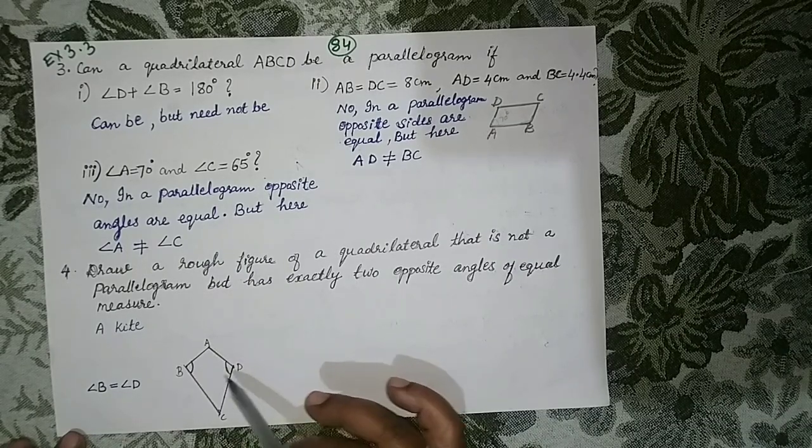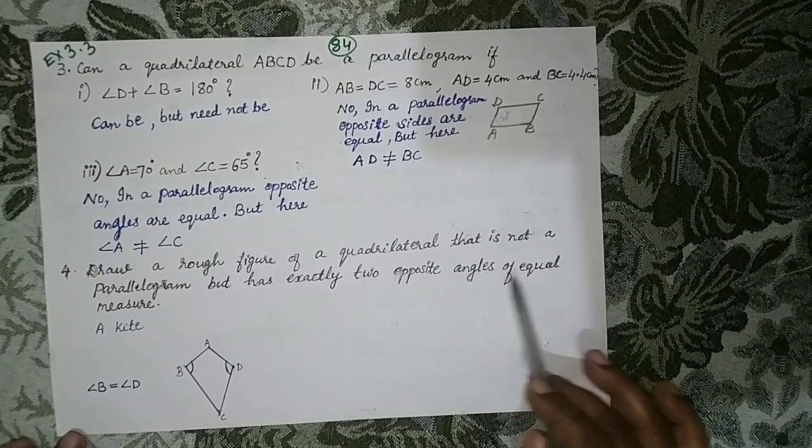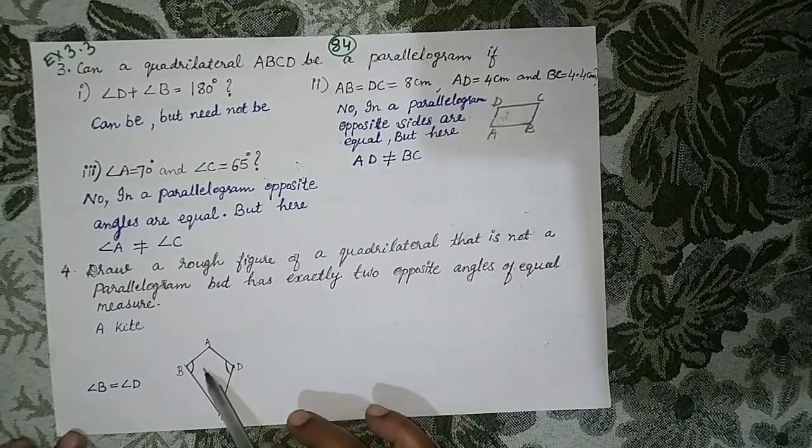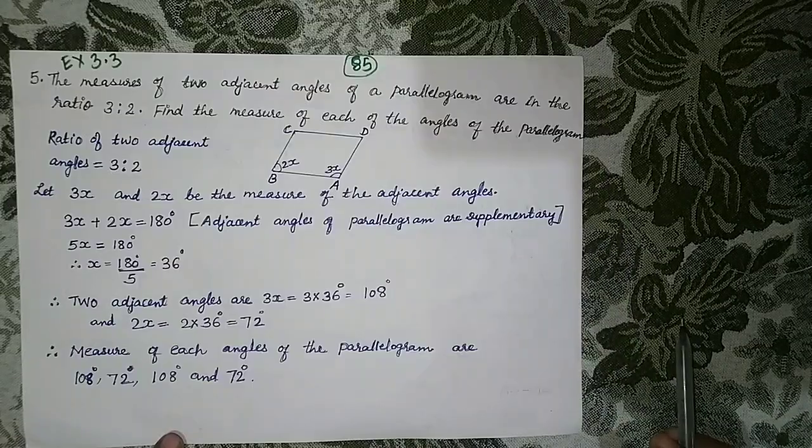Remember, only one pair of opposite angles are equal. That means exactly two opposite angles are equal. It is not a parallelogram. Here you can see angle B and angle D are equal. So the answer is a kite.